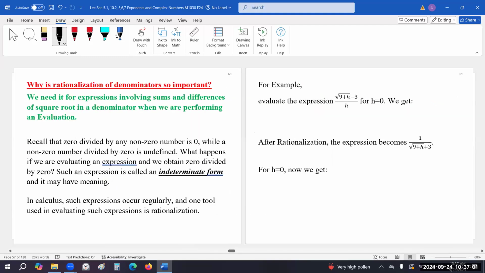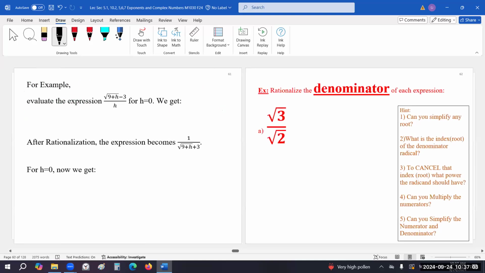There are many reasons. Ignore all the details. Because sometimes a radical gives us an undefined solution. But if you get rid of the radical, the same concept gives us something valid. So that's why we rationalize things. That's the main purpose. Now I'm going to do easy ones first and then show you the harder ones.